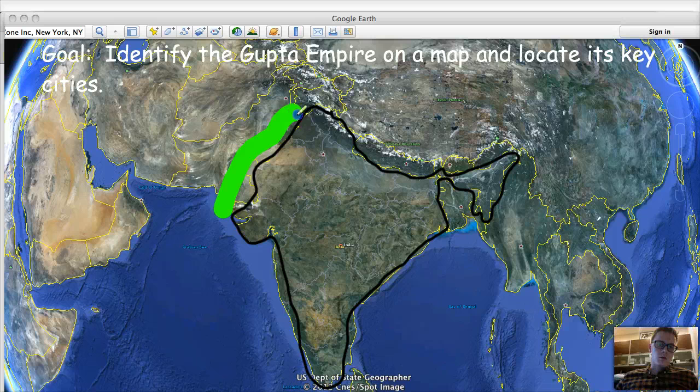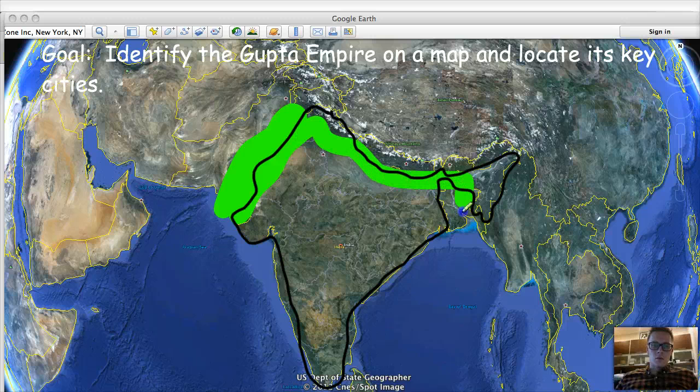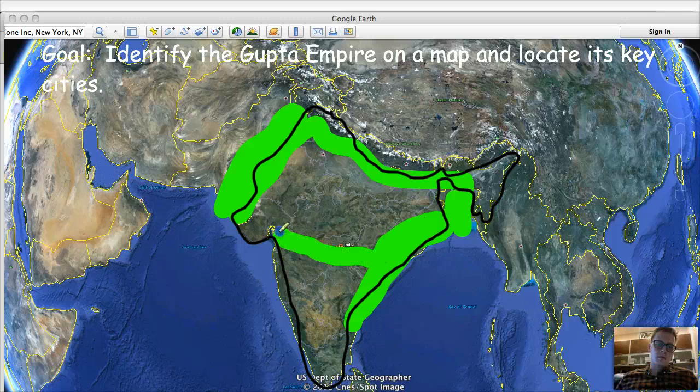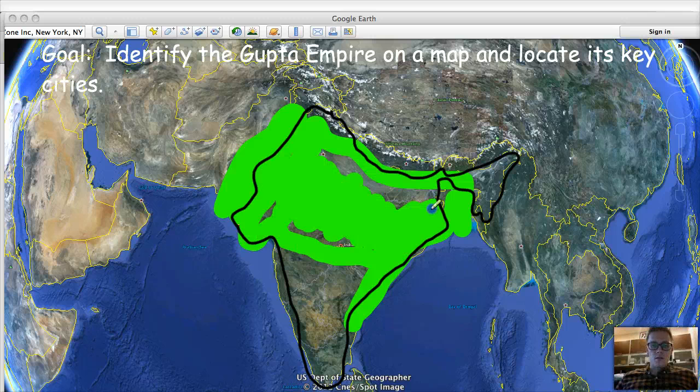This is actually modern day Pakistan, but that was included. We have all over here. Went all the way to Bangladesh. And it went down the Eastern Ghats most of the way, but not entirely. And then they filled in all this. So in some ways they were bigger than the modern country of India.